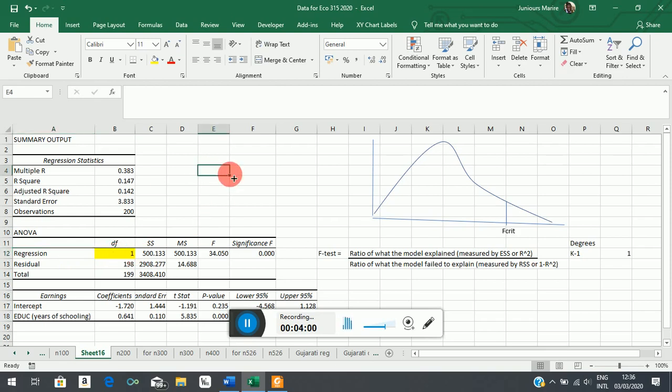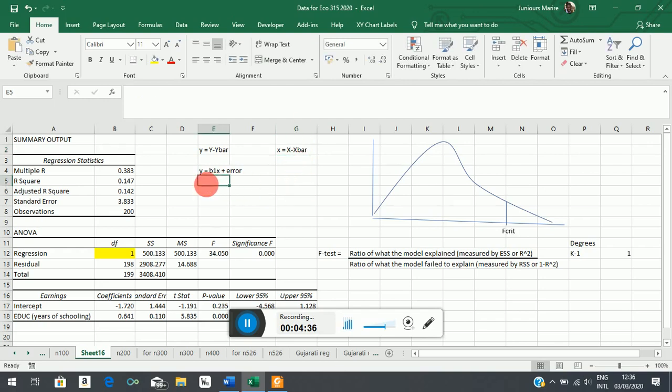If you think of your model in deviation form, it is actually y equals B1, the slope coefficient, times x, plus the error term, where your small y is equal to your big Y minus Y bar, and your small x is equal to your big X minus X bar.